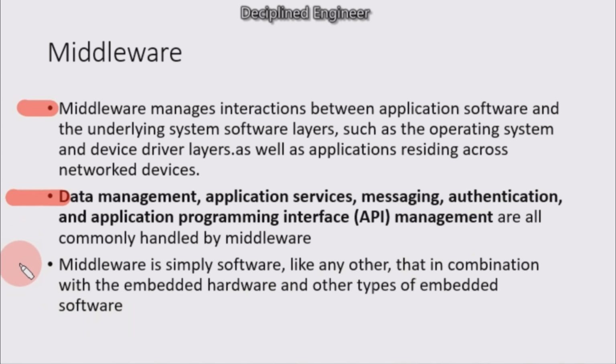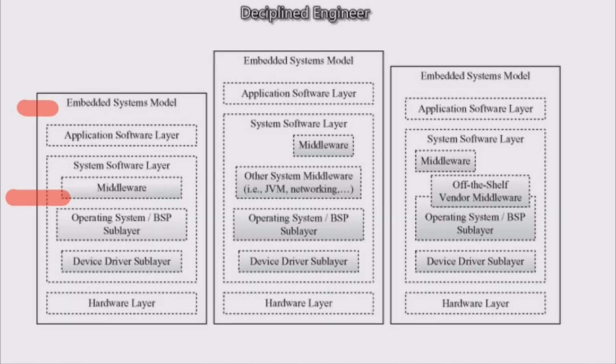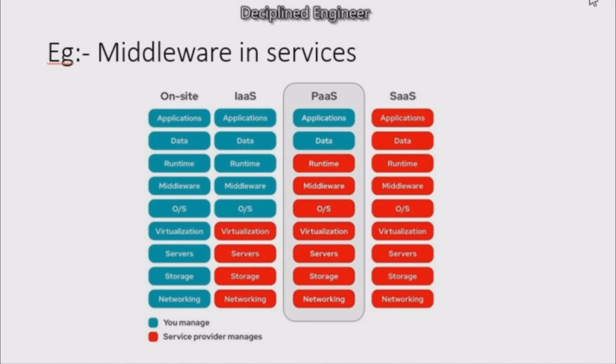Middleware is mostly utilized by PaaS services, platform as a service, where you provide your platform to serve to the consumer, who pays you money for using the platform. In this middleware layer, PaaS, IaaS, and SaaS systems have three common functions: data management, application services, messaging, and authentication.